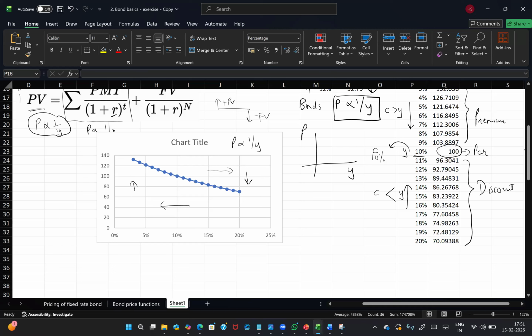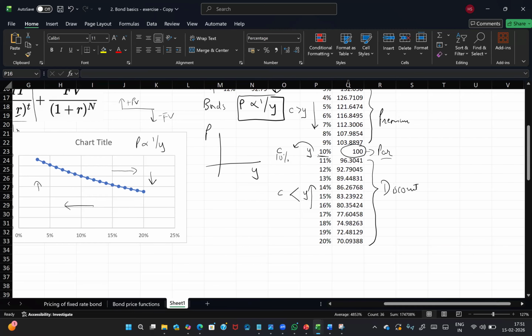So whenever I tell you the bond is trading at par, it basically means that the coupon and the yield are the same for that bond. Whenever I tell you a bond is trading at a premium, it means coupon is greater than Y. And whenever I say that the bond is trading at a discount, it means coupon has fallen below Y, or yield has gone above coupon.